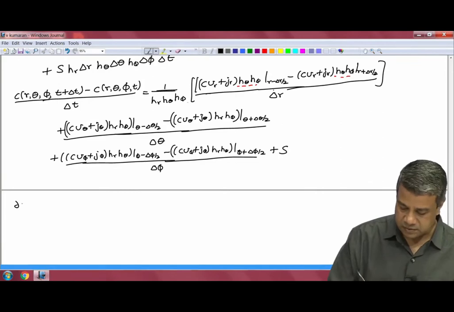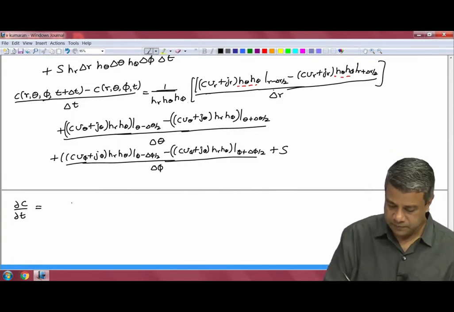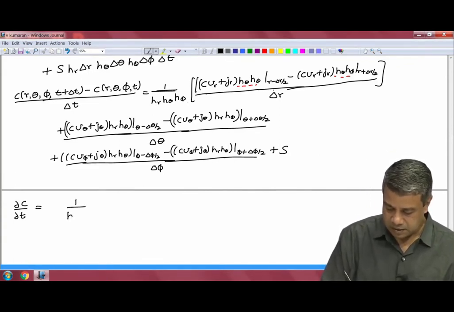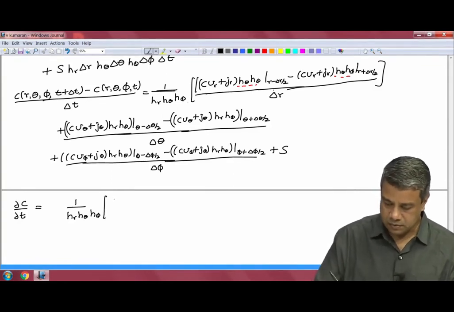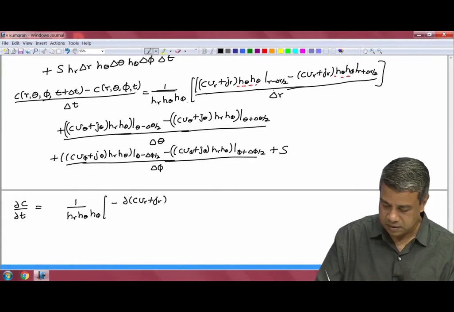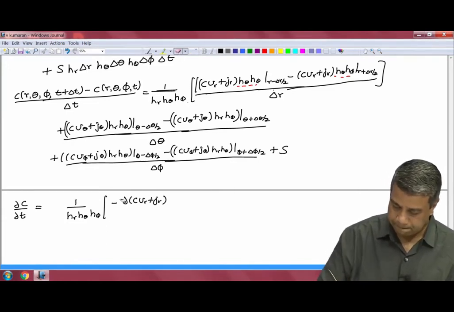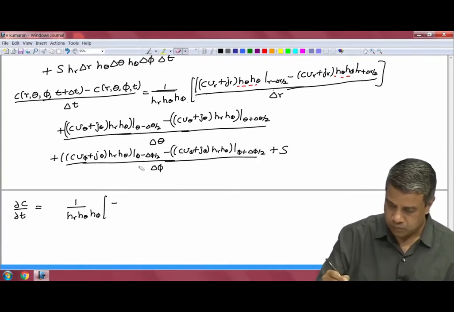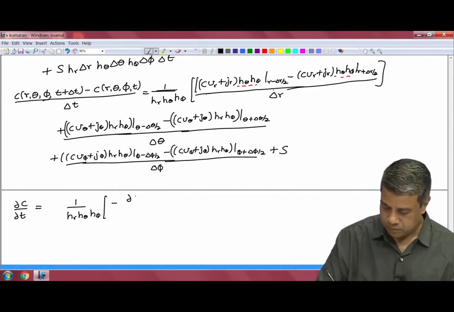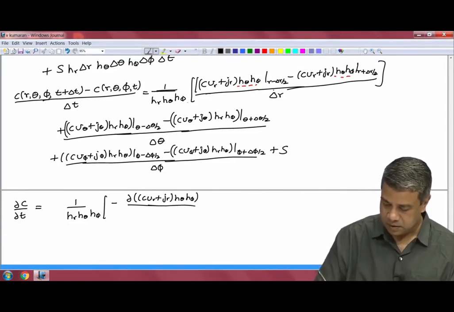The left side is just equal to partial c by partial t. On the right side I have 1 by h_r h_theta h_phi, into minus partial of C V_r plus J_r times h_theta h_phi by partial r.